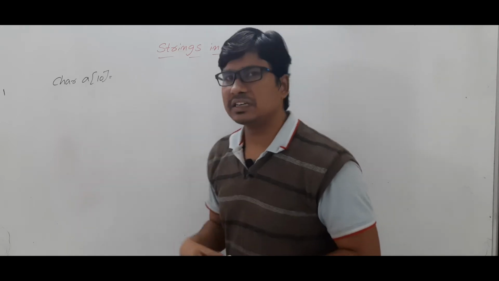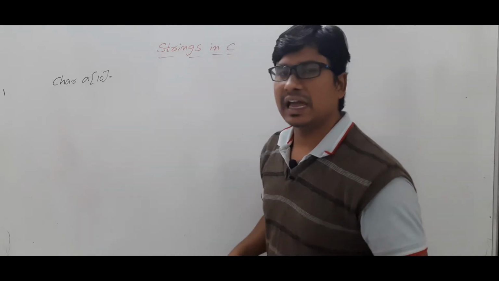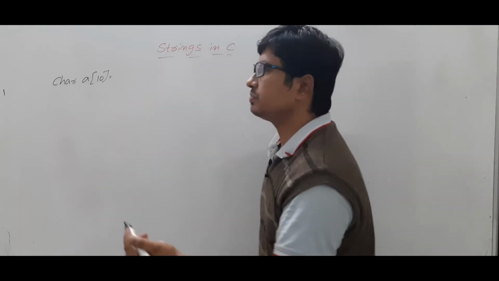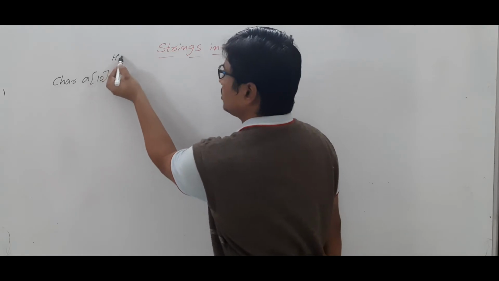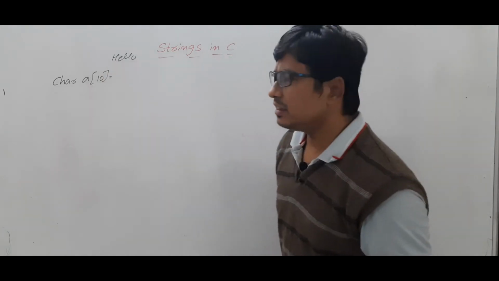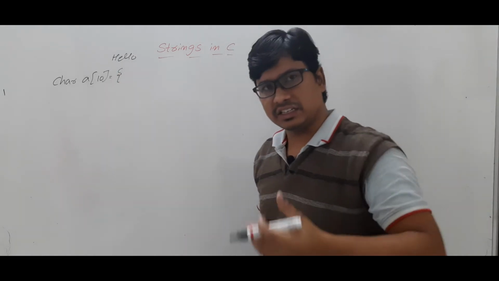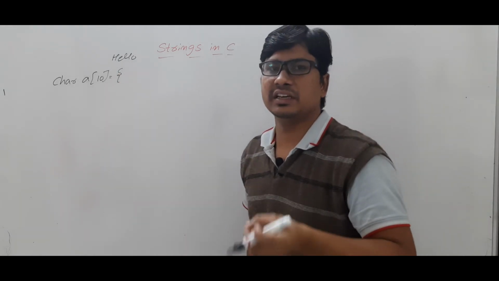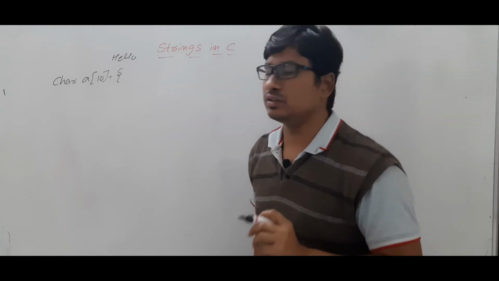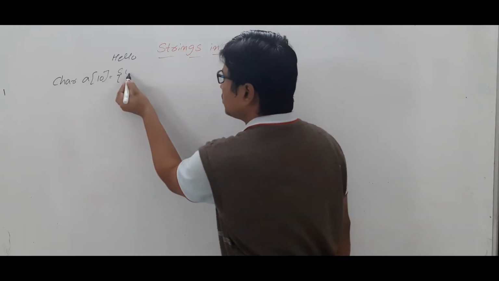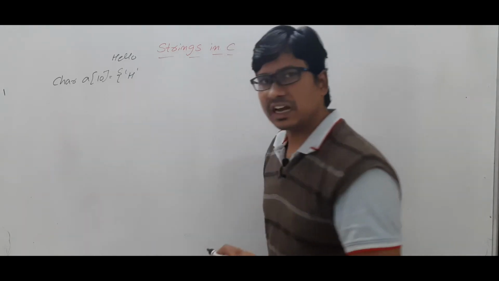Suppose you want to store a string called hello. Then you can initialize it as a string, or you can initialize it as a collection of characters also. Let me discuss how to initialize it as a collection of characters.